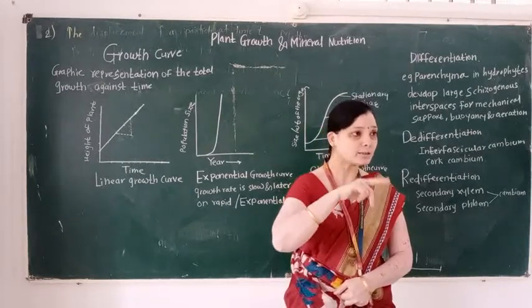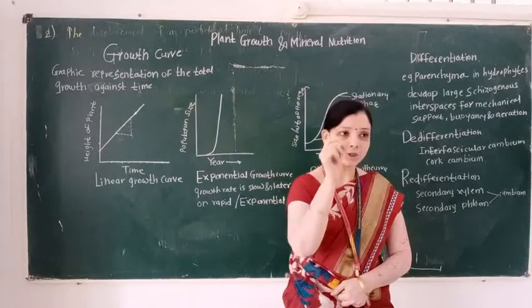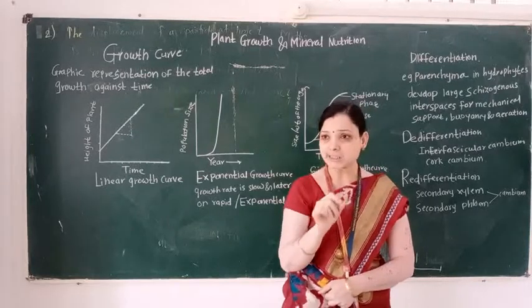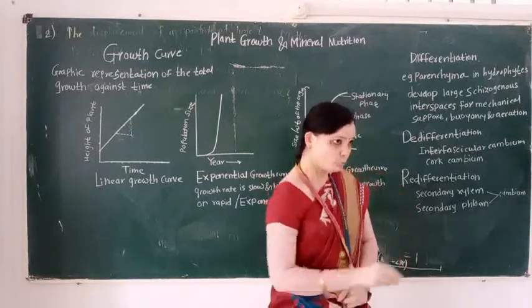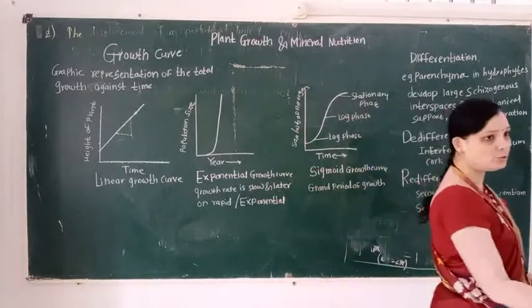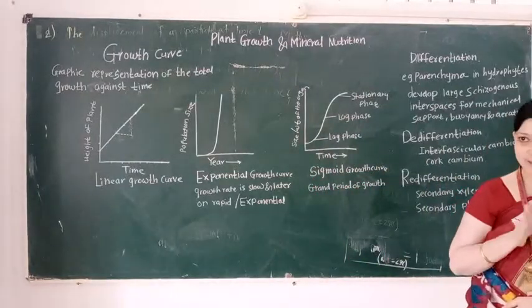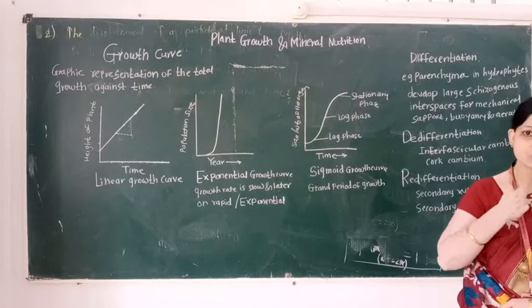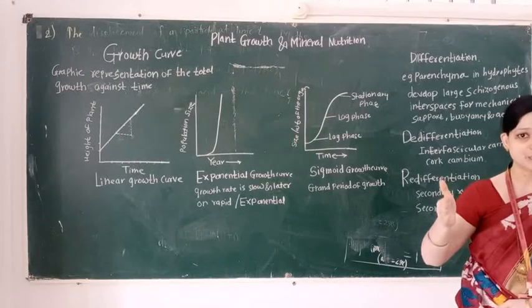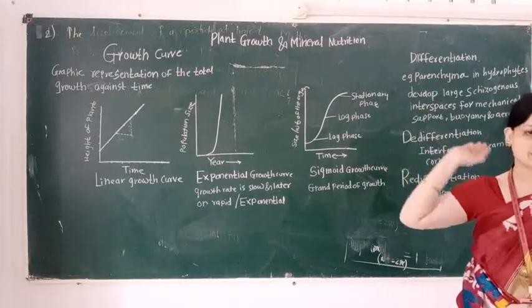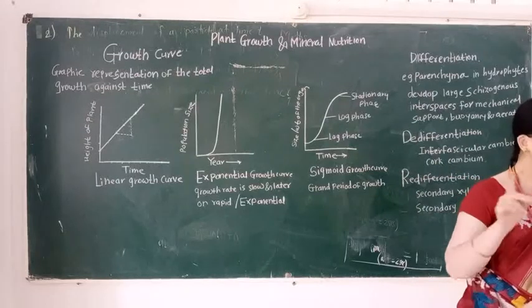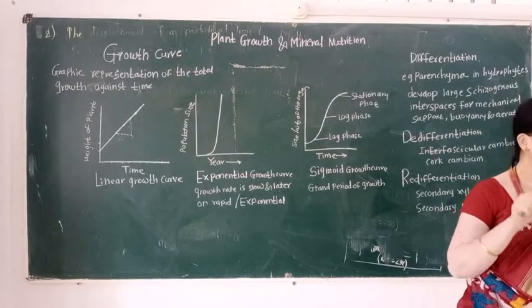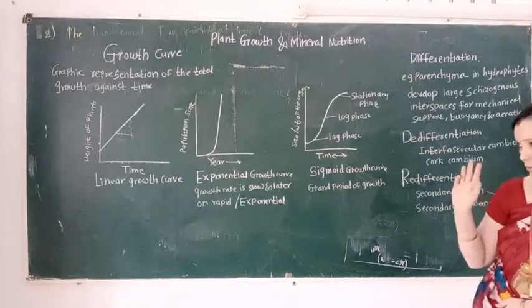So in arithmetic growth, the growth curve is linear. What is the meaning of linear? The growth rate takes place constantly. So it is called a linear growth curve.